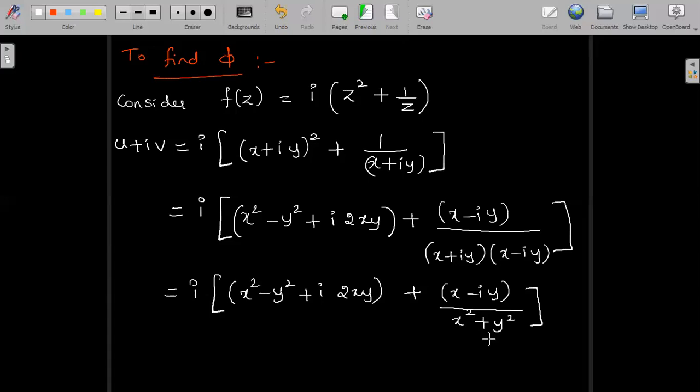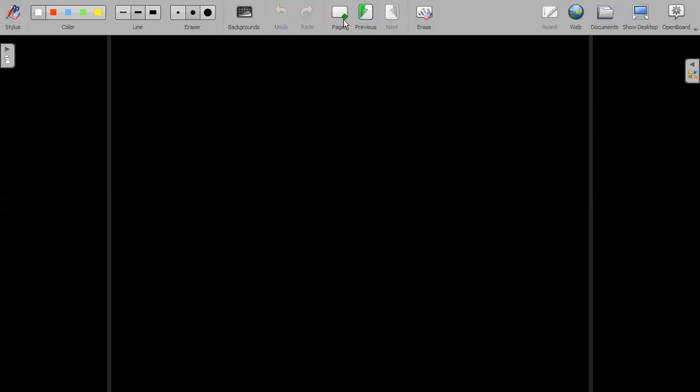Now we can group all the real terms together and imaginary terms together. That is one way of doing. The other way of doing is, first we will multiply this I inside the bracket. Whenever we multiply the I inside the bracket, it will be easy for us to go ahead with it. So let us multiply I inside and write down.